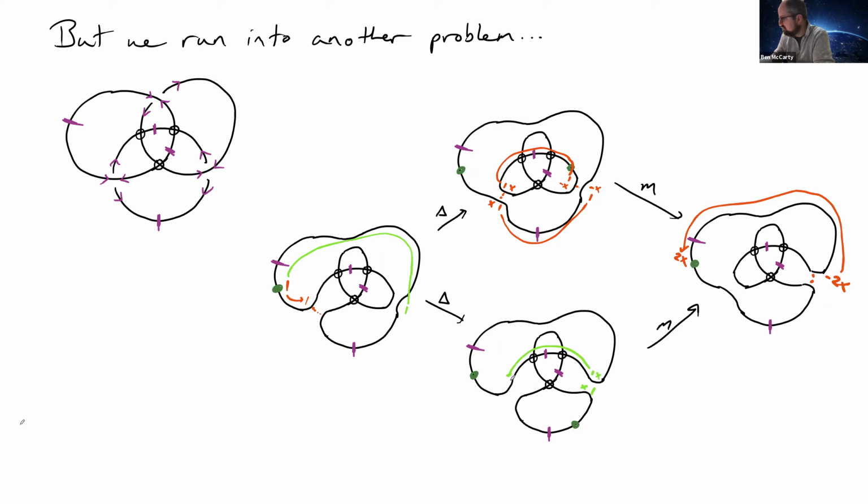That becomes 1 and minus x, as does this, minus x and 1. So this becomes negative 1 tensor x minus x tensor 1. When I map it over, I get minus 2x. But now when I transport it back to the base point, I get minus 2x.